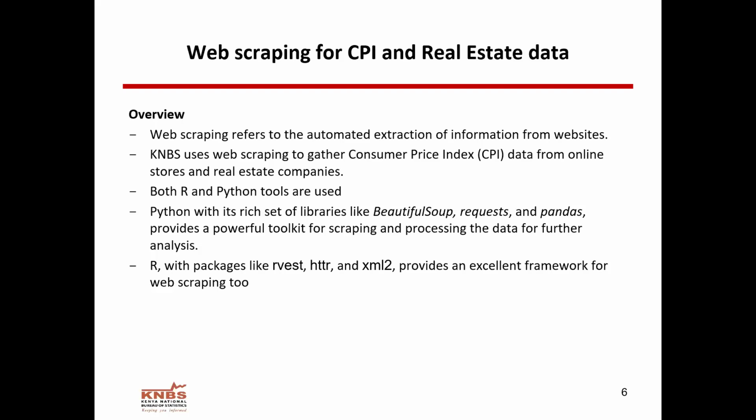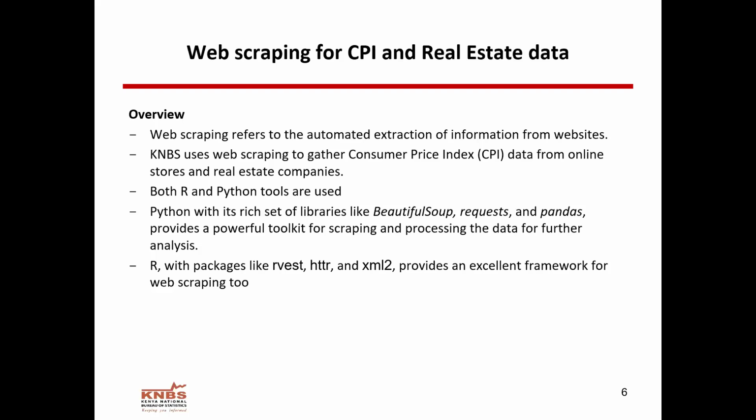Overview. For those who have not interacted with web scraping, it refers to the automated extraction of information from websites. Kenya National Bureau of Statistics uses web scraping to gather CPI data from online stores and real estate companies. We are using both Python and R tools.